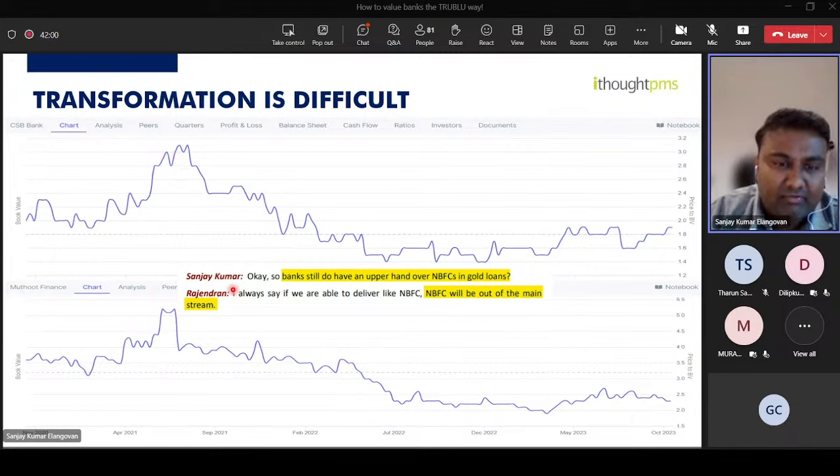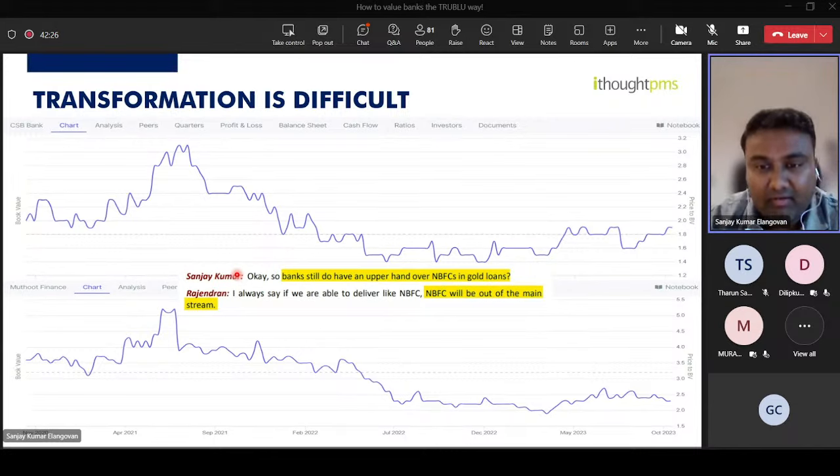I think this was roughly the Q4 FY21 call where I asked the CSB management if the bank will disrupt gold loans. And the then CEO, Mr. Rajendran, actually, if you listen to the audio, he would have said that if we continue to do what we are doing, NBFCs will be history. But I don't know for what reason they've rephrased his statement in the actual transcript.